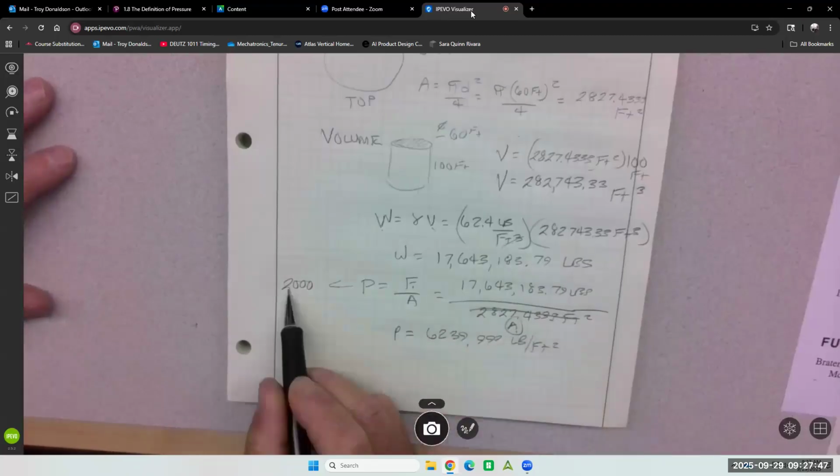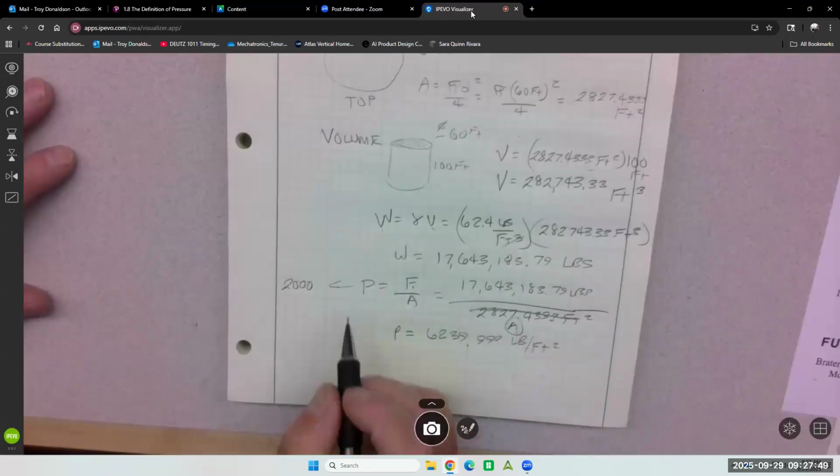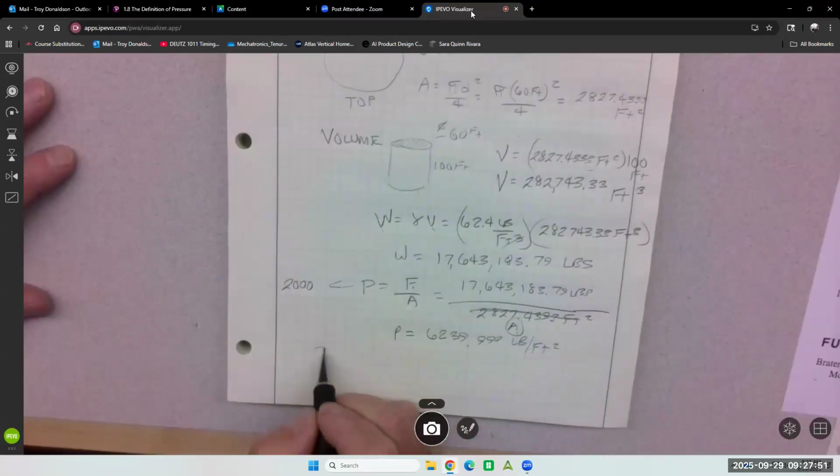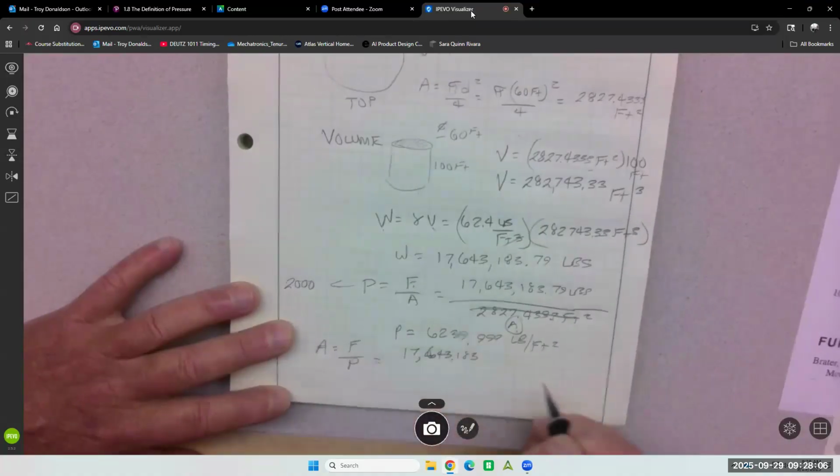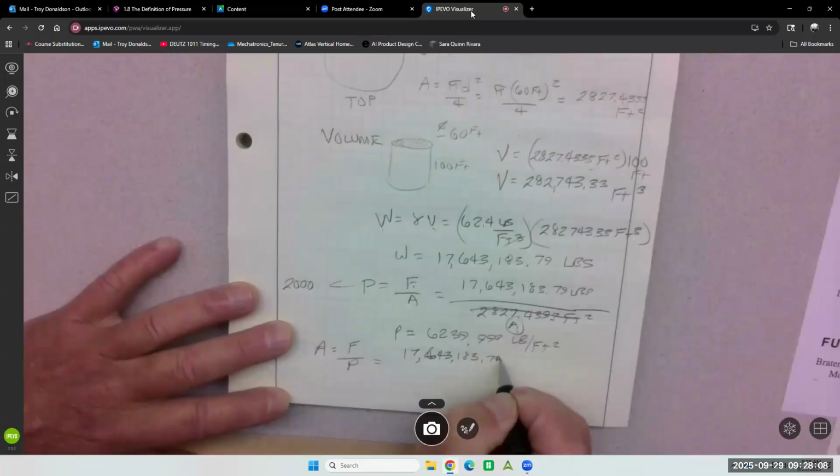So the 2,000 and the area just swap places, and we say the area is equal to the force divided by the pressure. So that's going to be our 17,643,183.79 pounds divided by 2,000 pounds per foot squared.